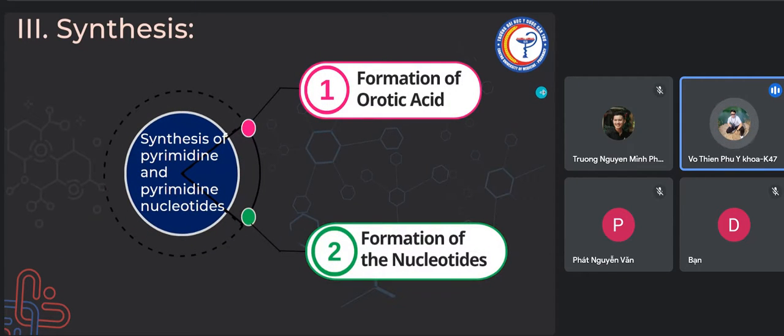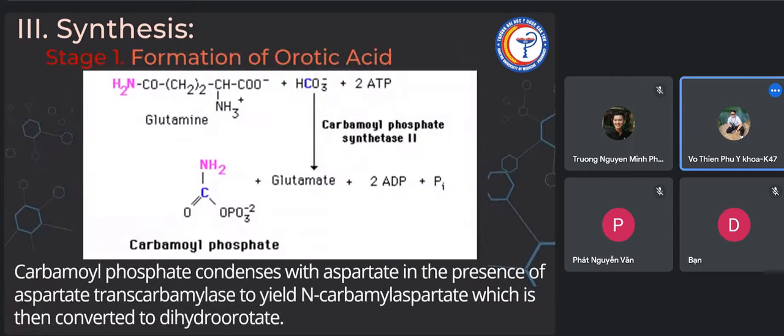So we have two stages of synthesis of pyrimidine and pyrimidine nucleotides, and stage 1 is the formation of orotic acid. Before the formation of orotic acid takes place, pyrimidine synthesis begins with carbamoyl phosphate synthesized in the cytosol of the tissues capable of making pyrimidines, highest in spleen, thymus, GI tract, and testes.